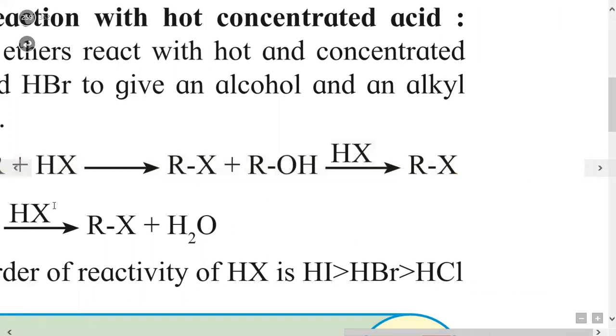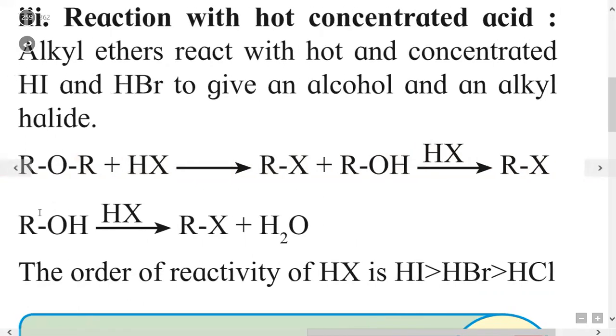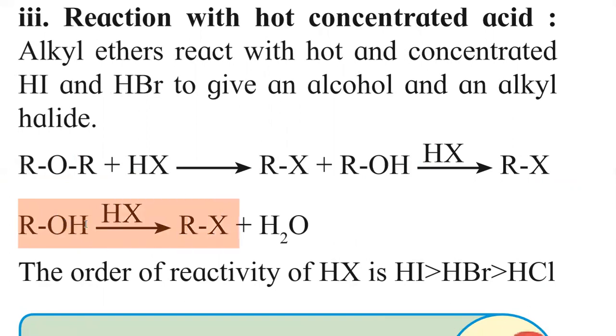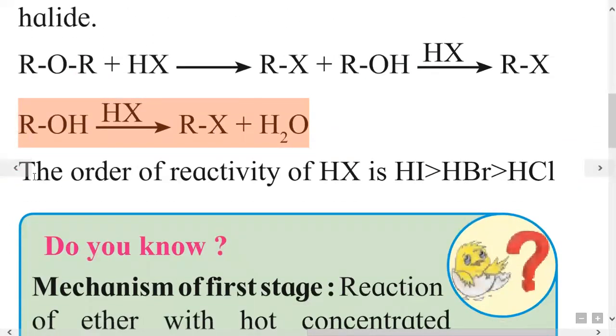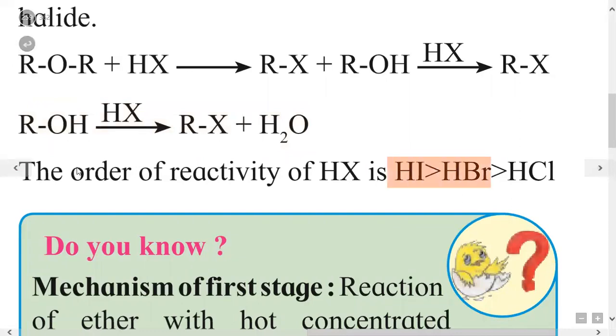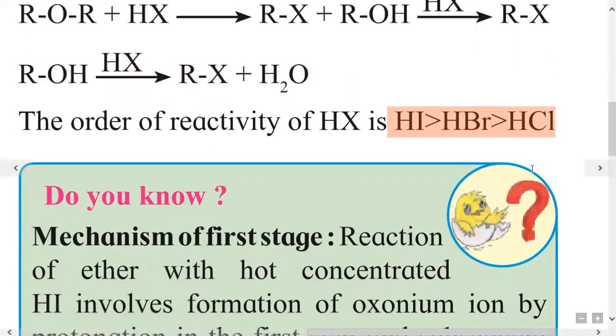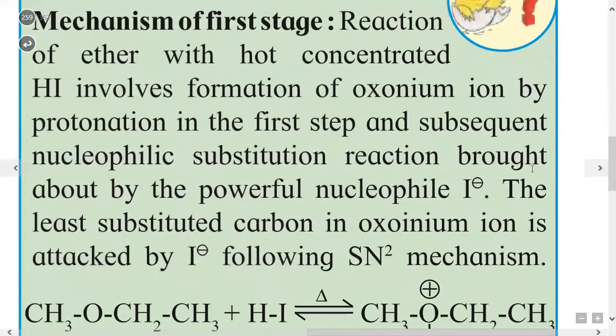By combining this equation, that is, ROH, an alcohol, reacts with HX to give RX plus H2O. The order of reactivity of these hydrogen halides is HI is more reactive than HBr than HCl.